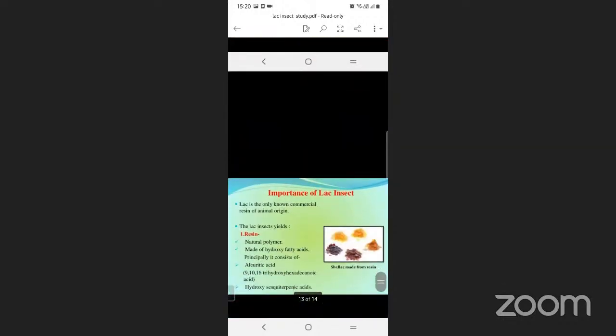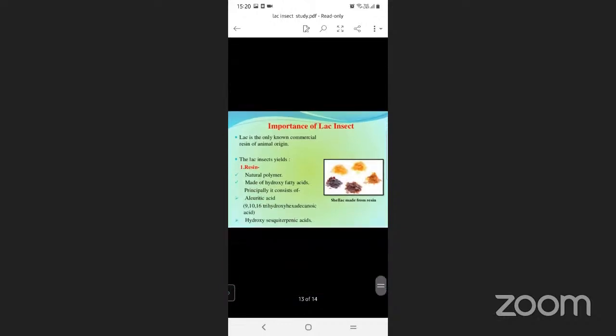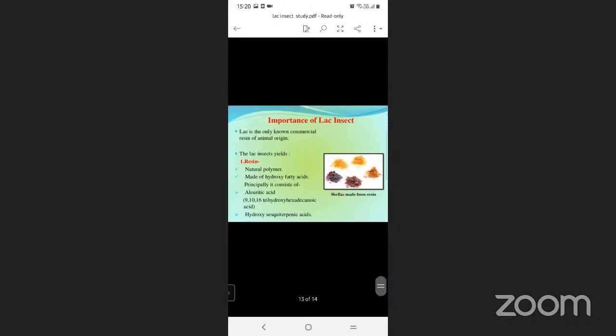So these are all the different forms we see.